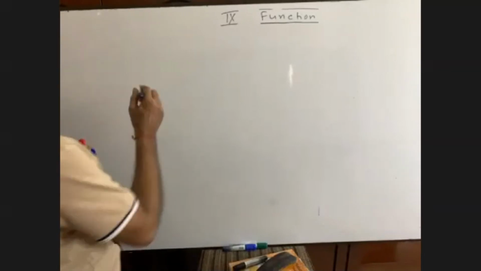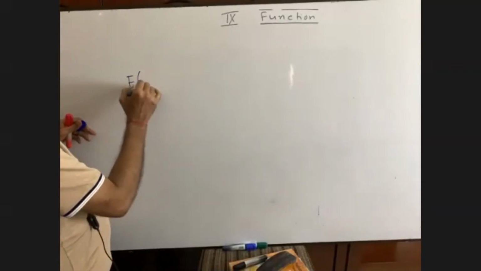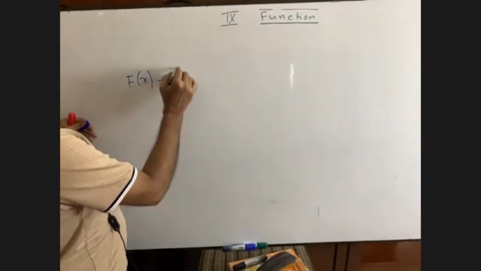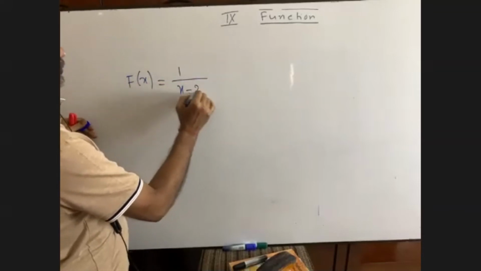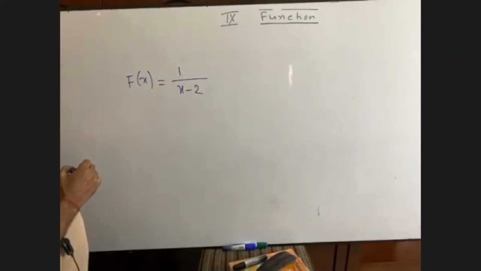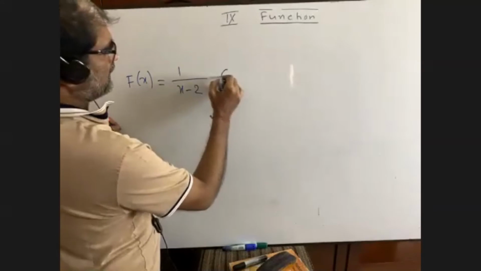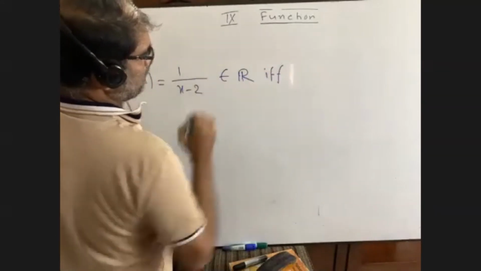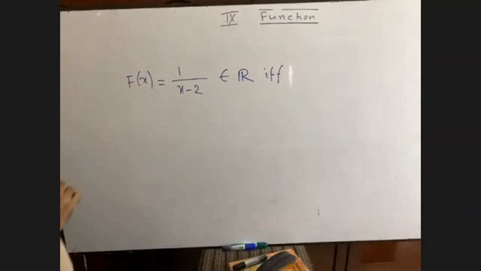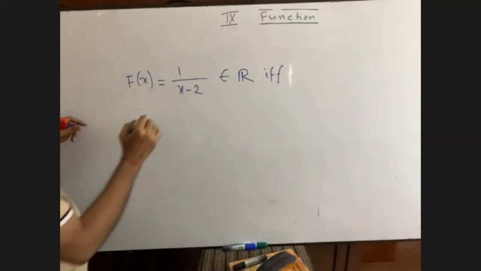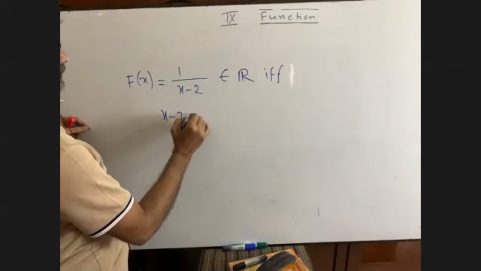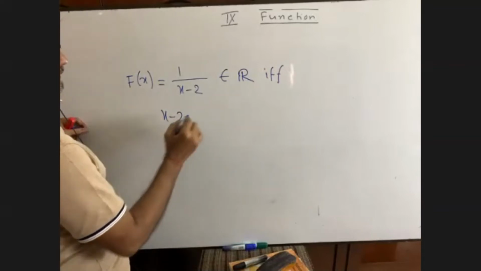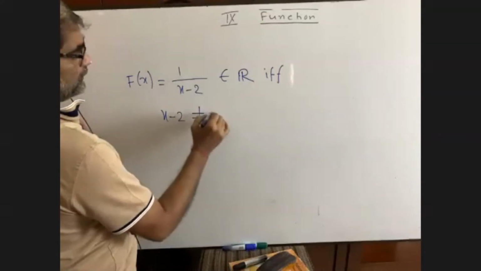Question is: f(x) equals 1 by x minus 2. What is the domain? x belongs to R if and only if x minus 2 is not equal to 0.